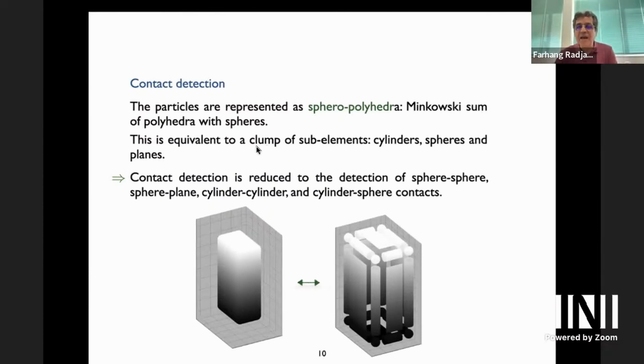This is equivalent for polyhedra to a clump of sub-elements which are cylinders, spheres for the vertices, and the planes, as you can see here. So this can be decomposed like this. And so the contact detection is simply reduced to the detection of sphere-sphere, sphere-plane, cylinder-cylinder, and cylinder-sphere contacts. And so it's quite fast.